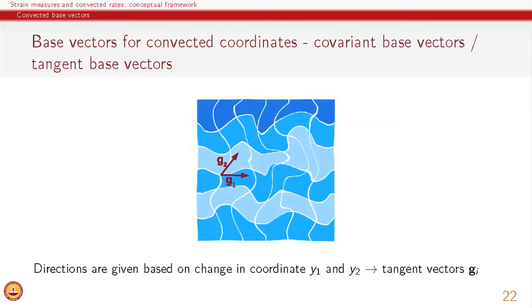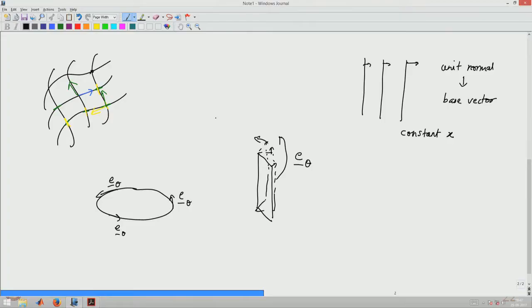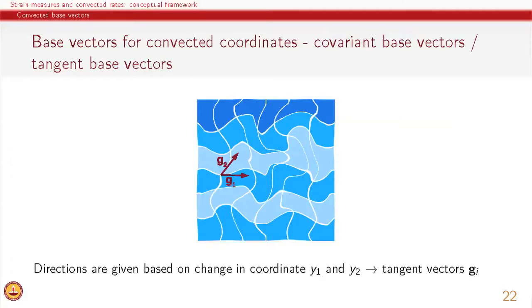Now, we can look at the same example for an arbitrary deformation, in which case we have embedded the coordinates in the material. And so, as we had seen earlier, if material points are moving arbitrarily, then the material coordinates move as well.